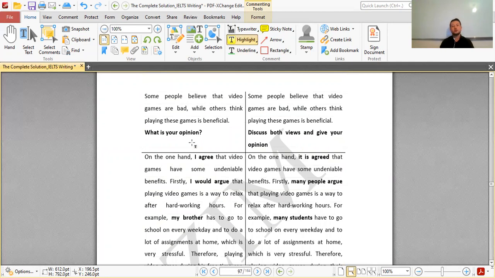For example, the topic is: nowadays there is a lack of students who are choosing science subjects like biology and chemistry. This is a topic, guys. So the question is, do you agree or disagree?